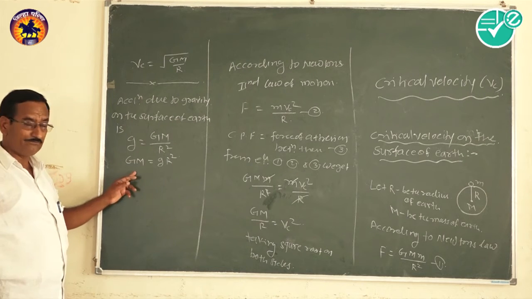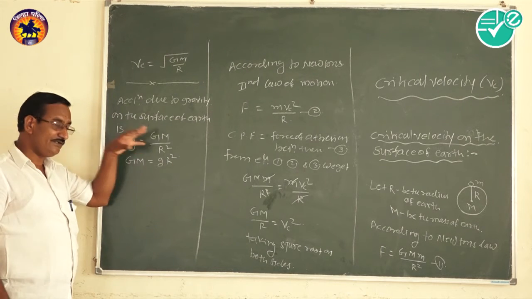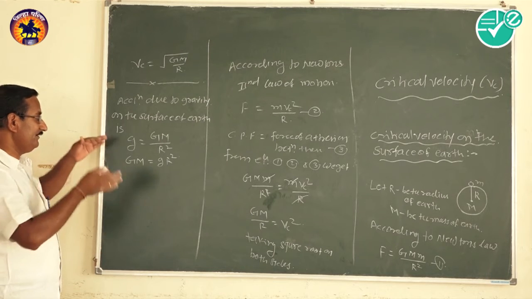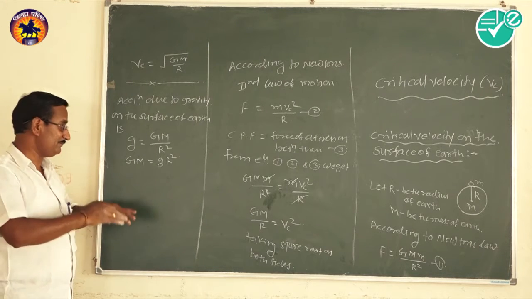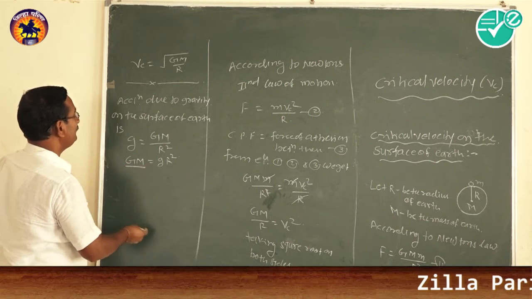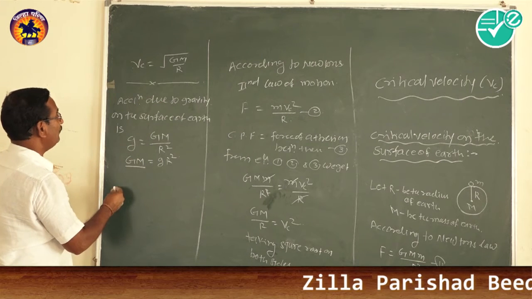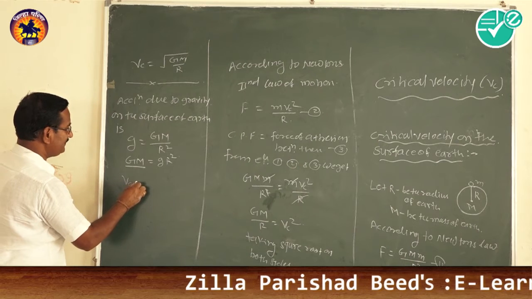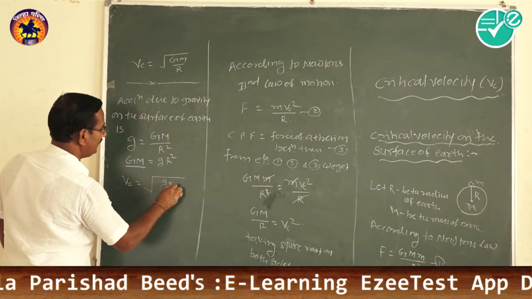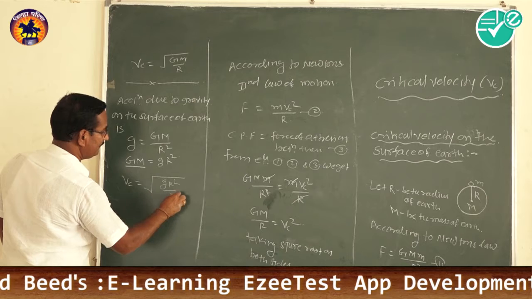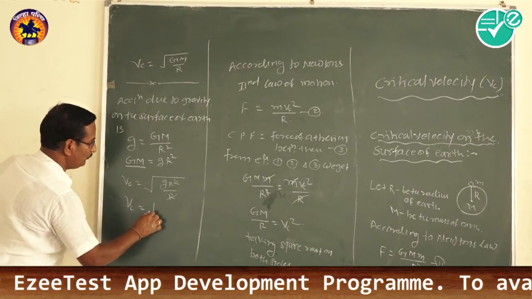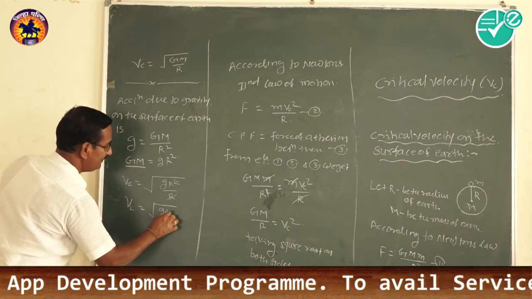Putting the value of GM in the above equation, vc is equal to under root g r square by r. Then r gets cancelled and vc is equal to under root gr.